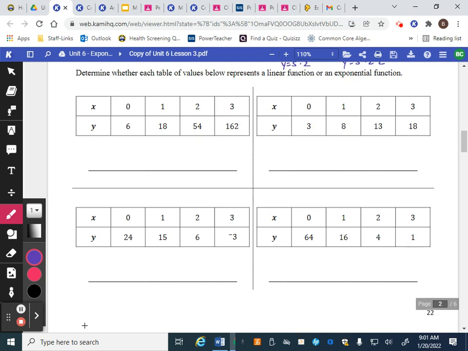All right, so we're going to start slow here. We're just going to talk about whether these tables represent linear functions or exponential functions. So we're looking to see, is there a constant increase or decrease, or is it a multiple of the previous number?